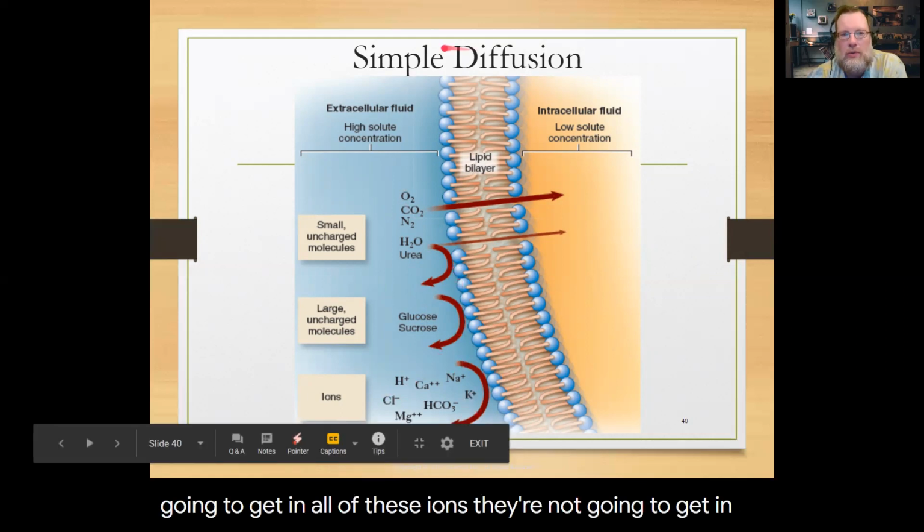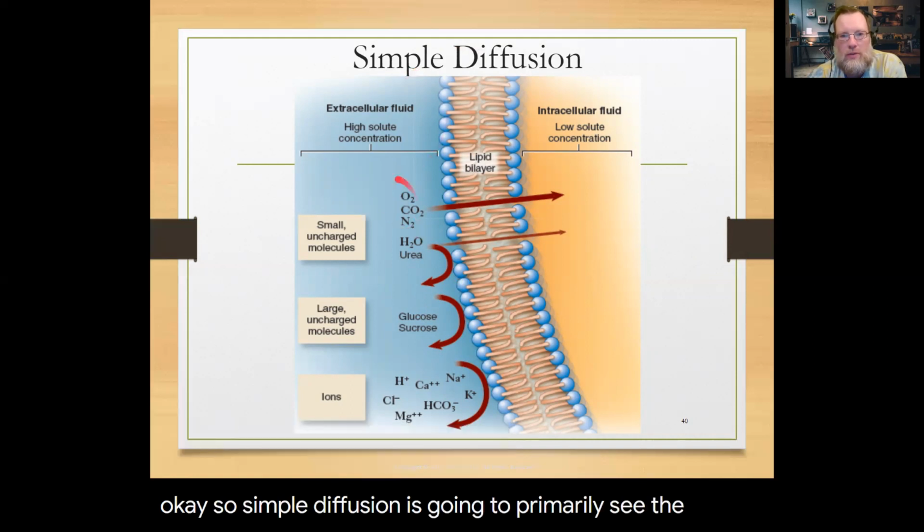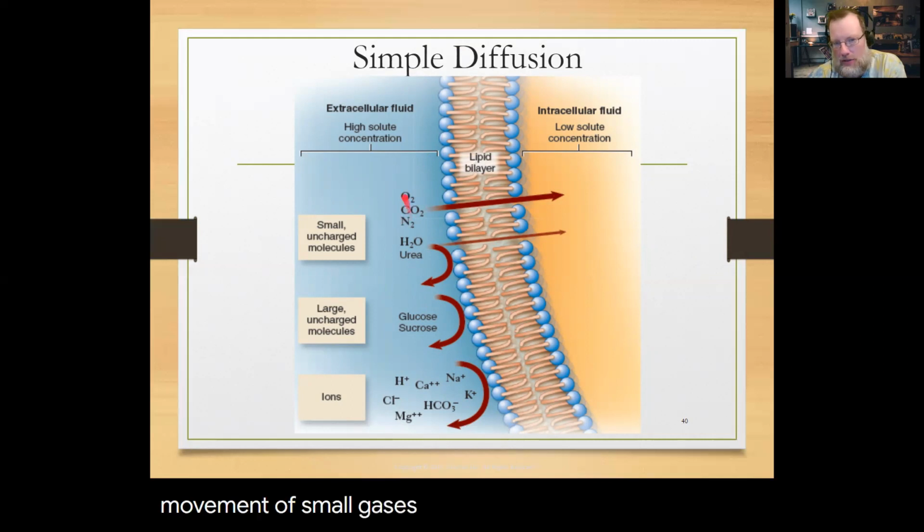Simple diffusion is going to primarily see the movement of small gases, oxygen, carbon dioxide, nitrogen, and maybe some water through these pores. Again, low solute concentration. So when I have low oxygen in here and high oxygen out here, it'll naturally diffuse through.